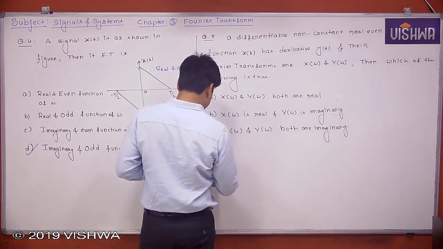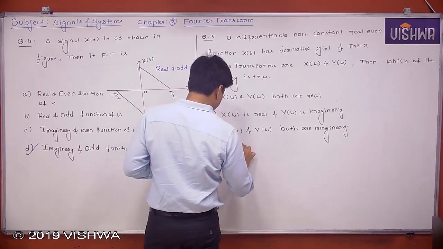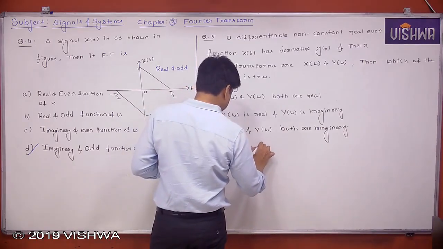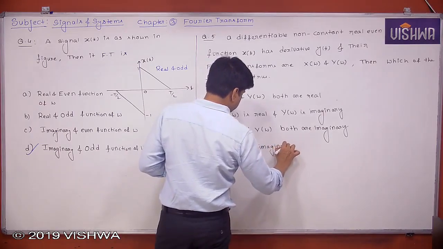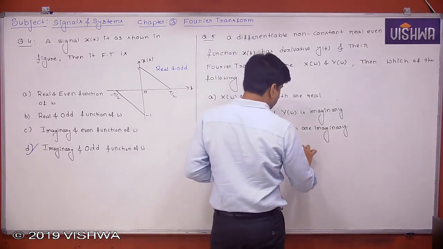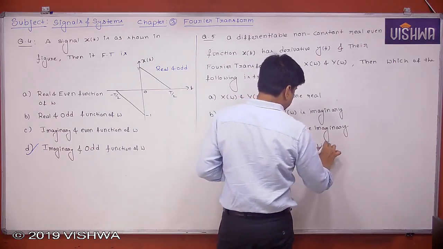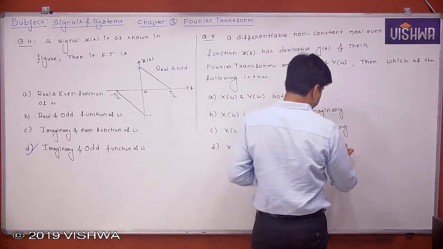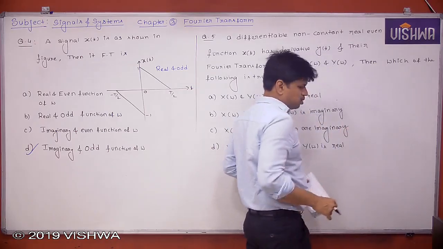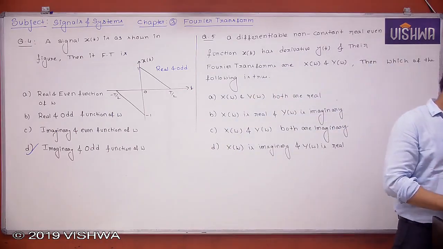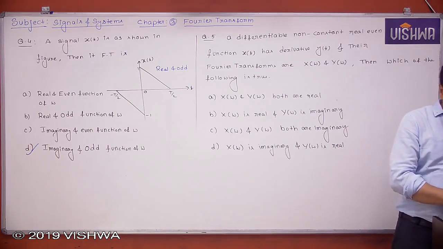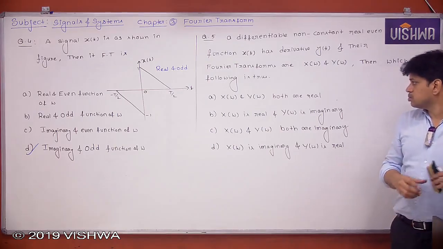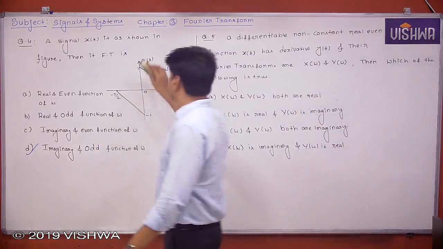Option D: X of omega is imaginary and Y of omega is real. Okay.